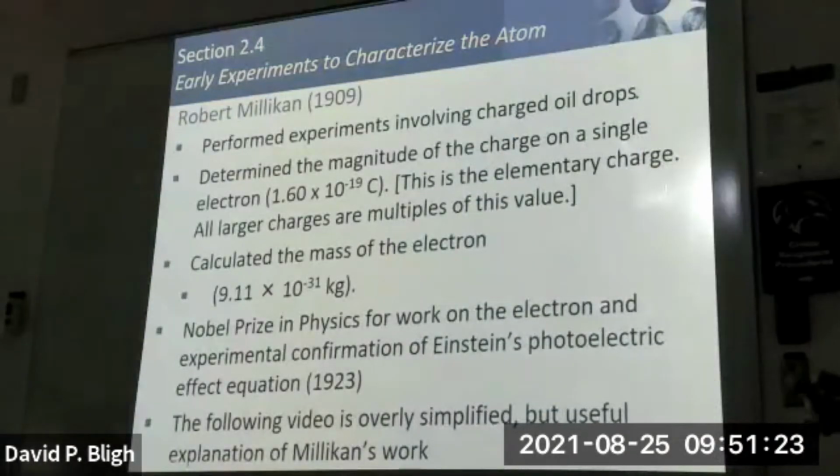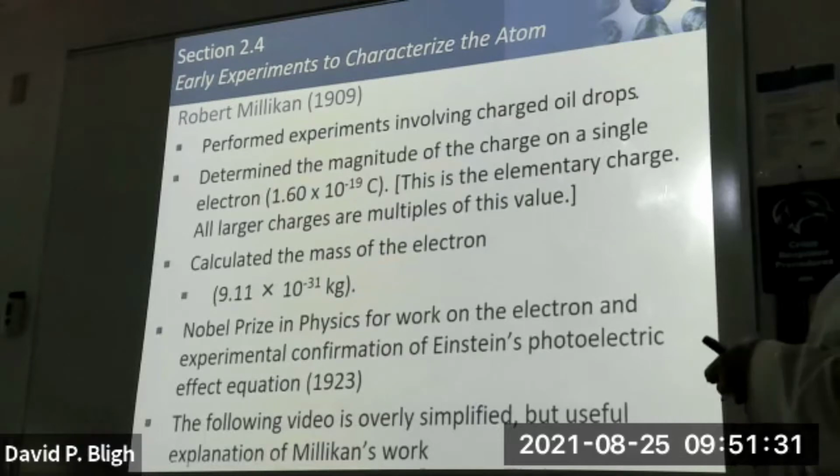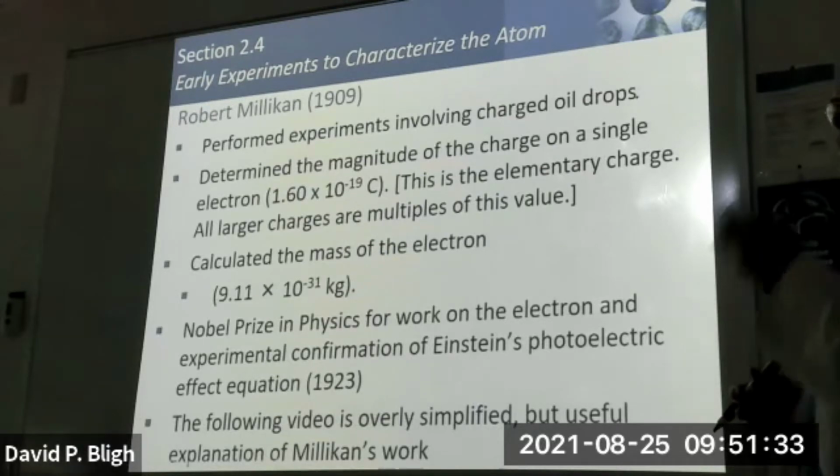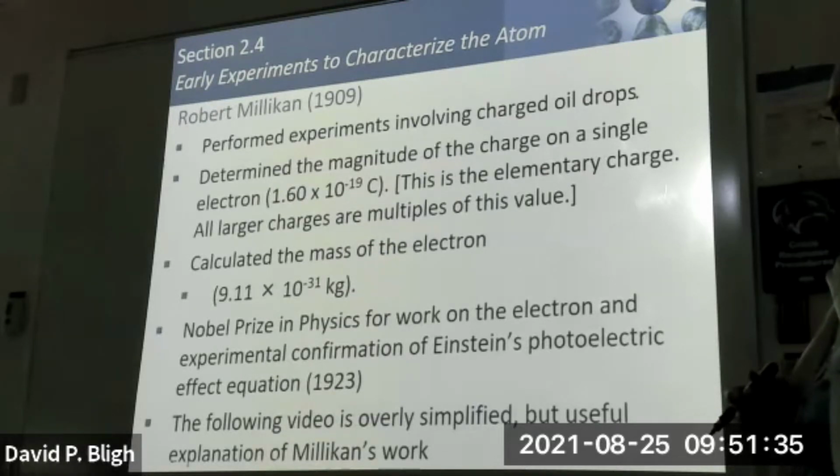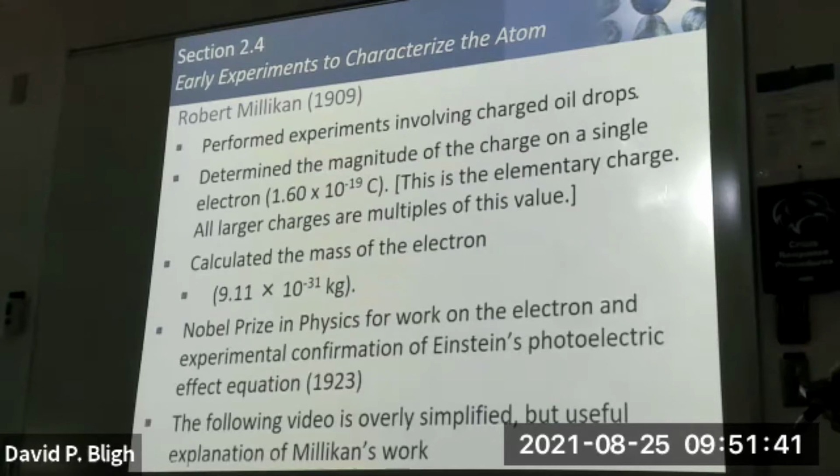After J.J. Thomson's work, not too long after that, Robert Millikan, who was an American scientist, and at this time a professor at the University of Chicago, was working on a number of things. The photoelectric effect was one of them, and he was also interested in this particle that J.J. Thomson had discovered.